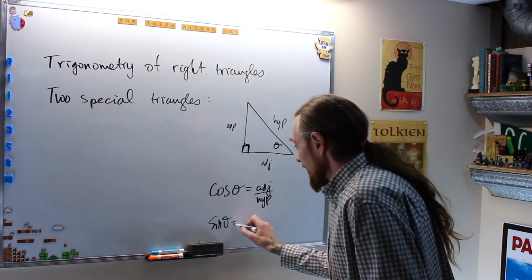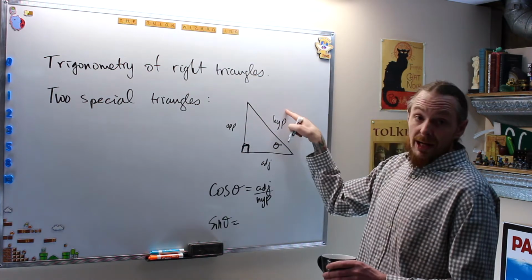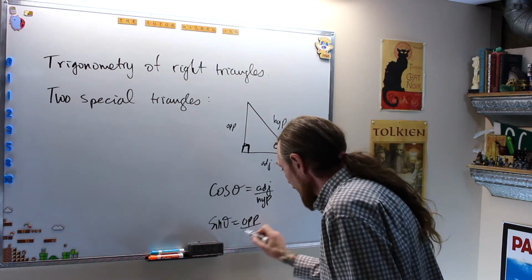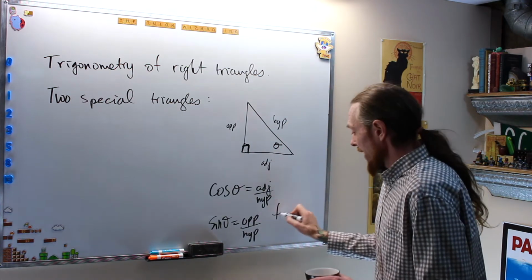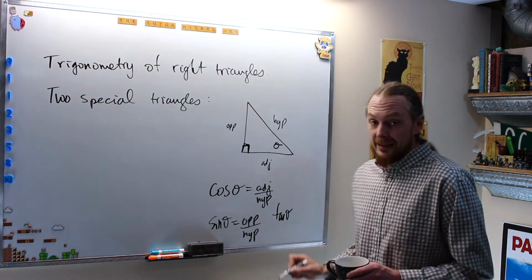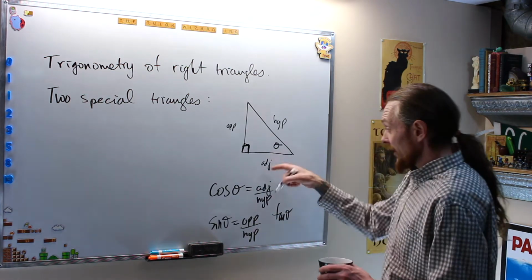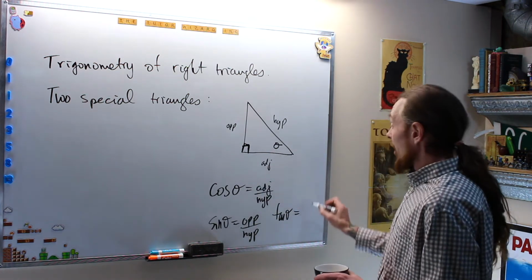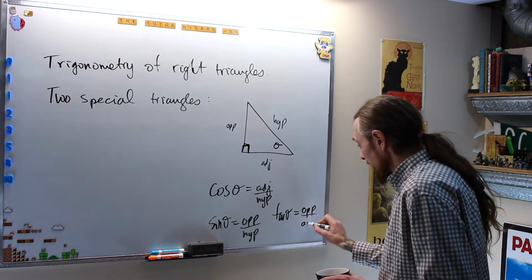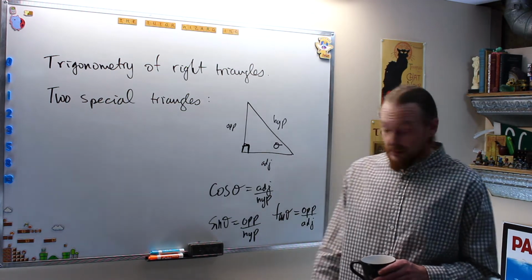Sine theta is defined as opposite over hypotenuse. And tangent of theta can be sine over cosine also, but in its definition it is opposite over adjacent.